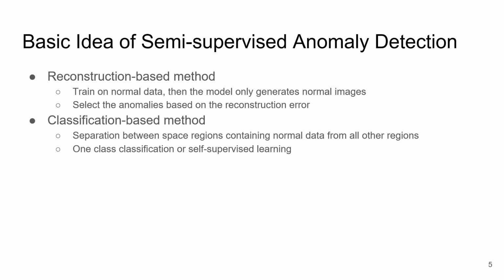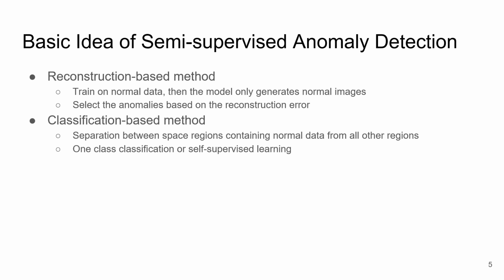After we get our trained model, we can select anomalies based on the reconstruction error. Because this model is only trained on normal images, the intuition behind this method is that the reconstruction error of an abnormal image will be large.